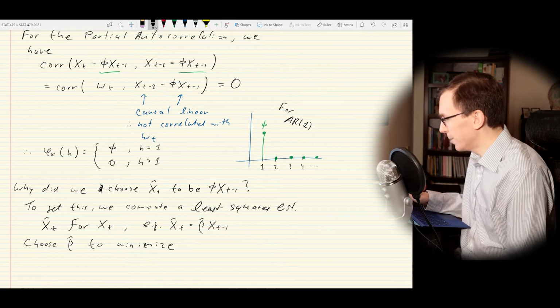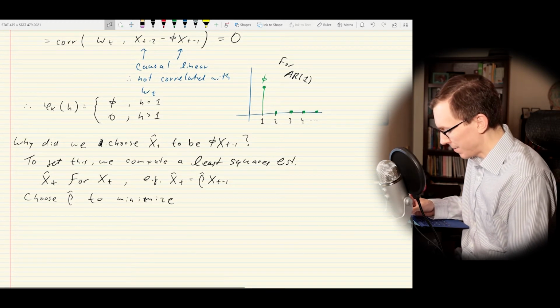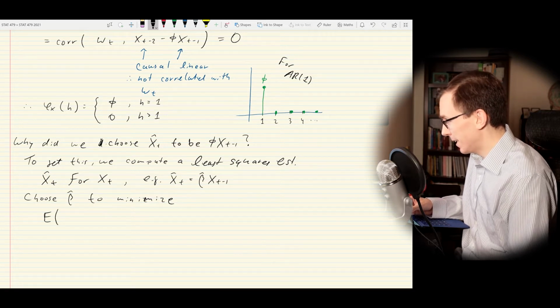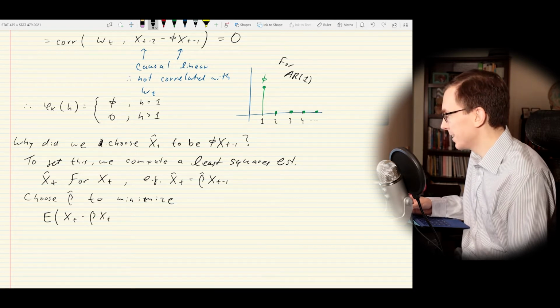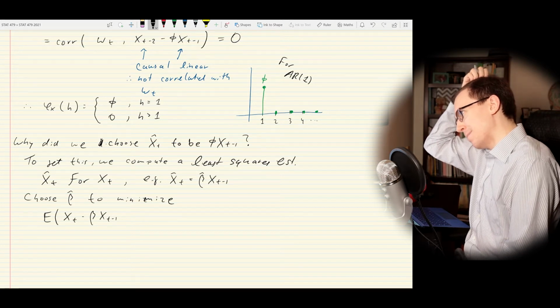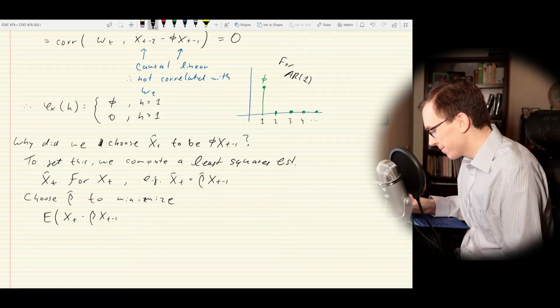Minimize, well, the expected value of the difference here, x_t minus beta x_{t-1}. I guess I'm minimizing over beta here.